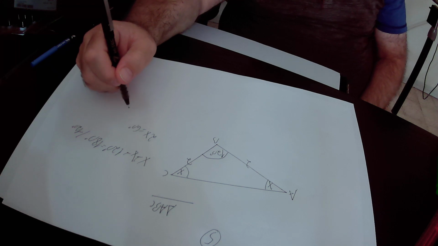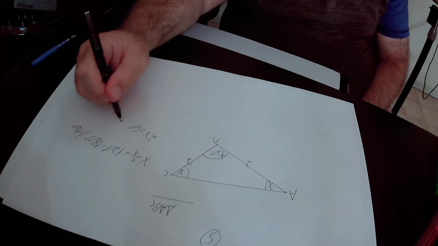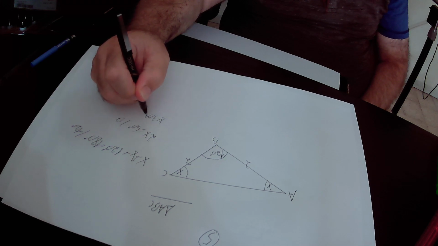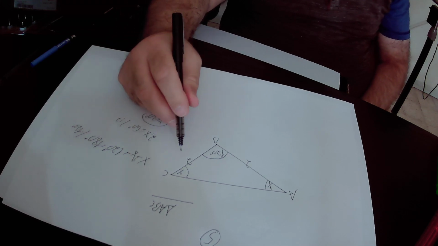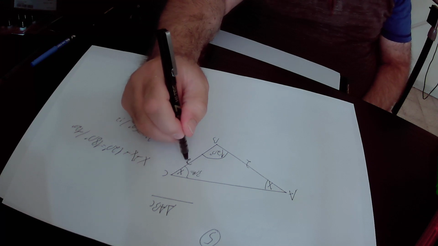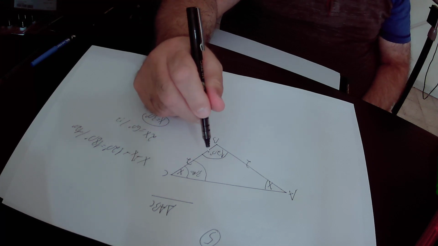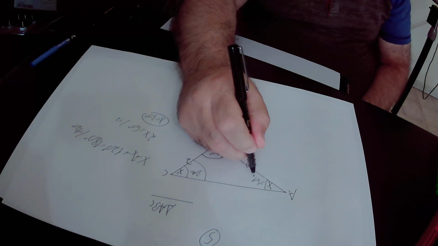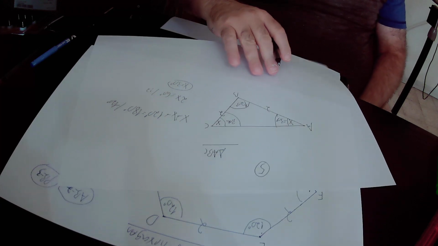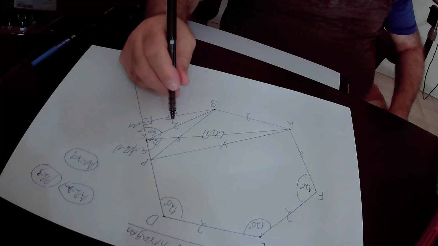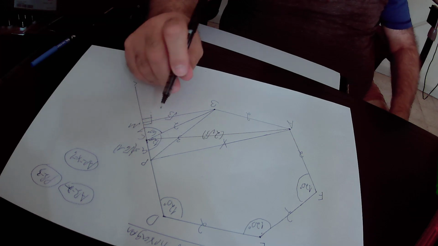So 2x equals 60 degrees, we divide this equation by 2, and we get that x equals 30 degrees. So this angle ACB equals 30 degrees, and this angle CAB is also equal to 30 degrees in its size. So we can write down here that angle ACB equals 30 degrees.